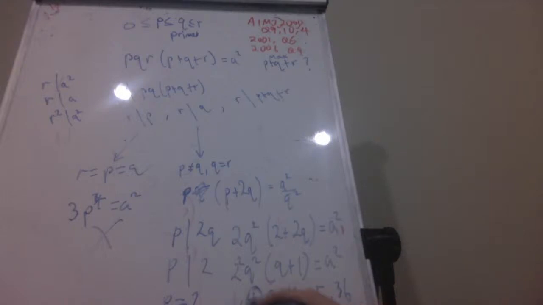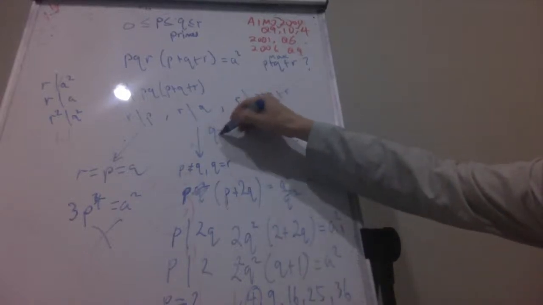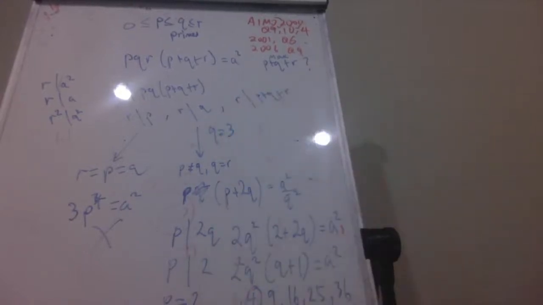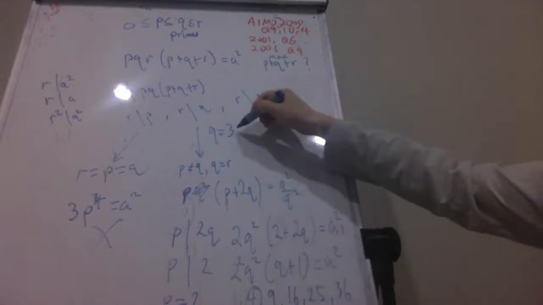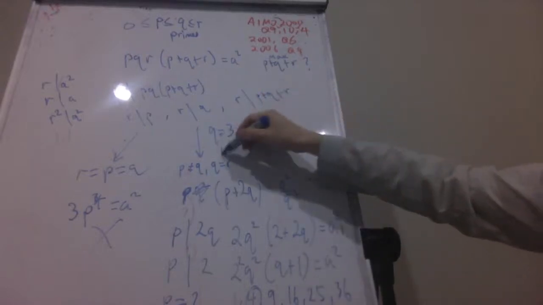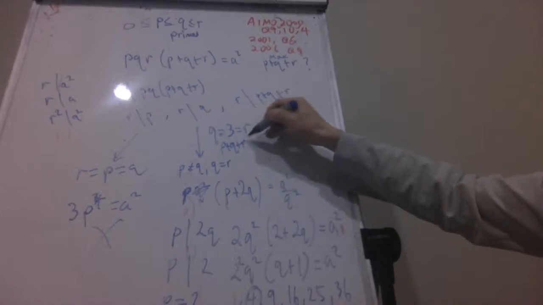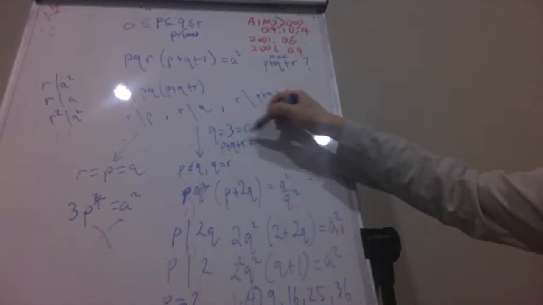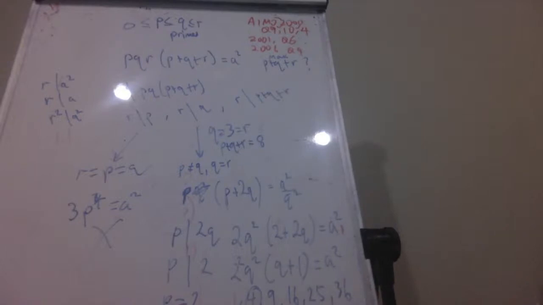So 4 is one of them, yeah? So Q could be 3. And if Q is 3, then R is 3, yeah? Then P plus Q plus R is equal to 8, yeah? Okay.